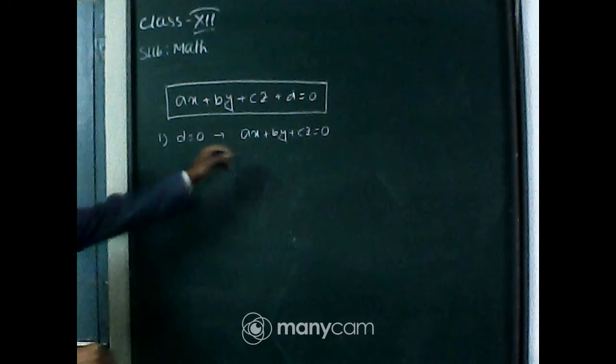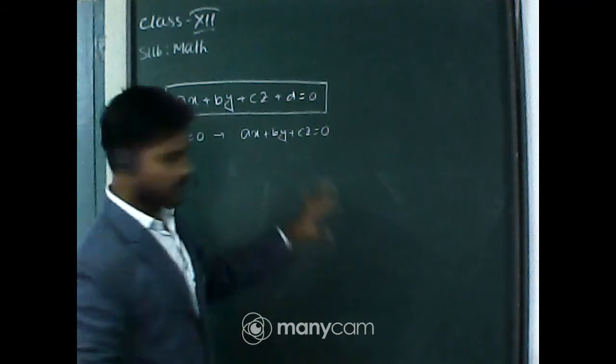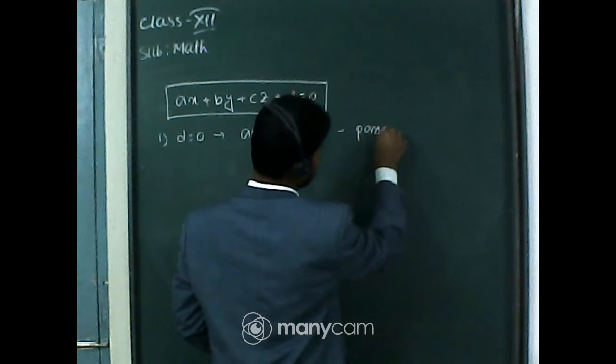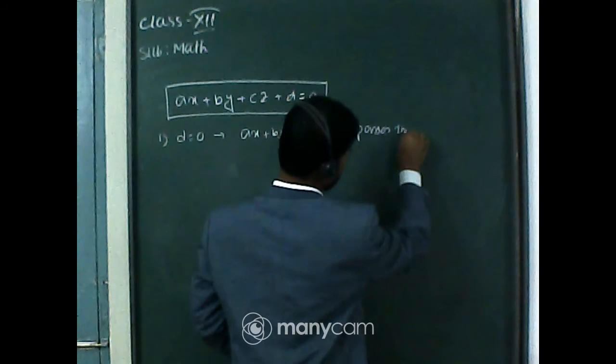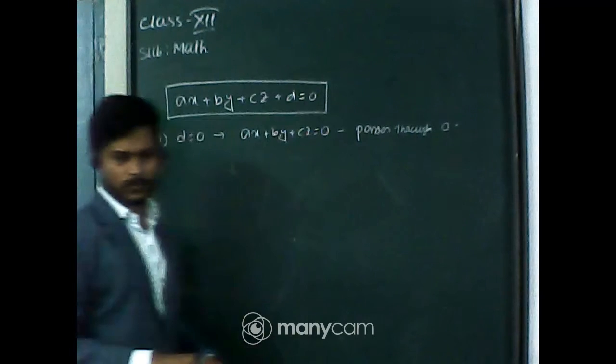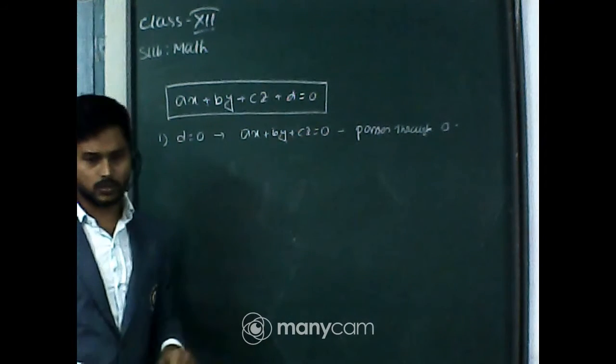Then the equation becomes ax plus by plus cz is equal to 0. This is a plane which passes through the origin. The plane will pass through the origin if the constant term is equal to 0.